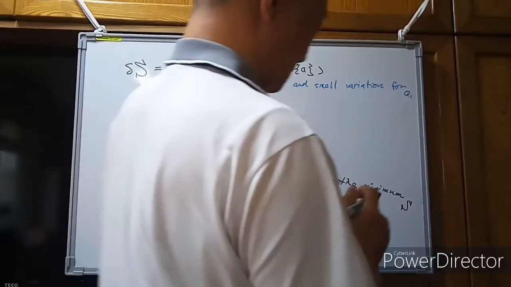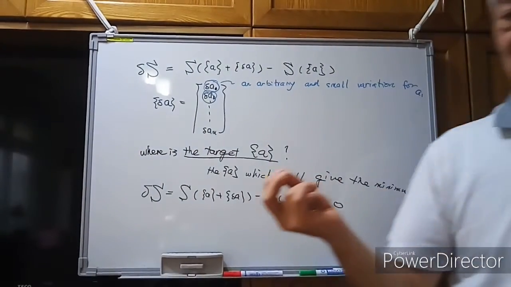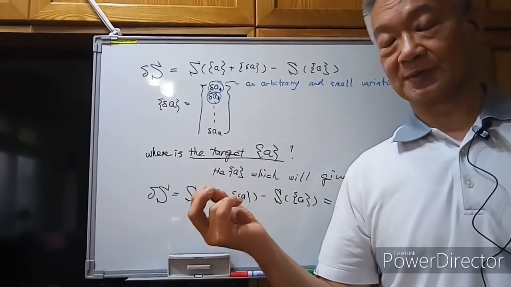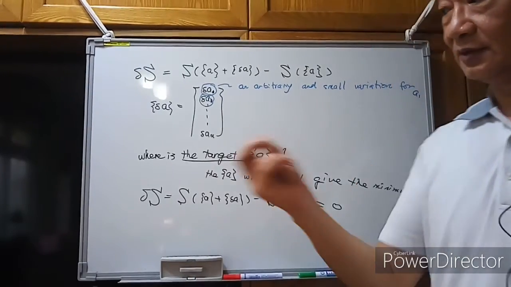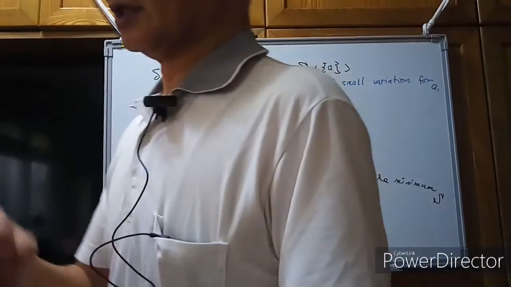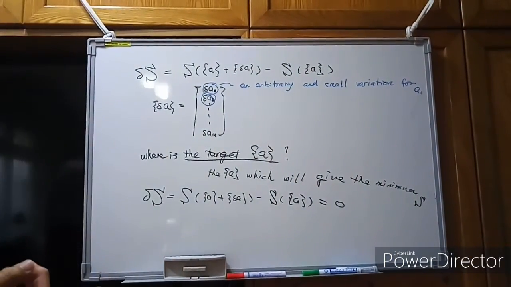So first you need to understand, if the A vector corresponds to the minimum of the capital S, then for any small variations of the A vector, the difference between these two is close to 0.